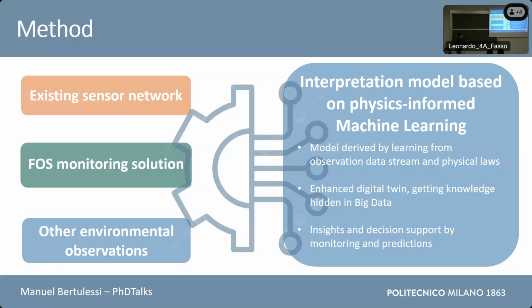So finally, we reach this enhanced digital twin, getting the knowledge hidden in this famous big data. And this tool can provide insights and decision support through monitoring and predictions.